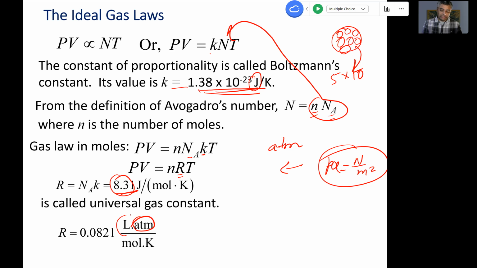And similarly for the volume, remember, the SI unit of volume is cubic meter. But if you use, let's say, liters for the volume, and there are nearly 1,000 liters in each cubic meter, then that number becomes different here. So you may have used this value of R in chemistry, if you remember from the chemistry class.